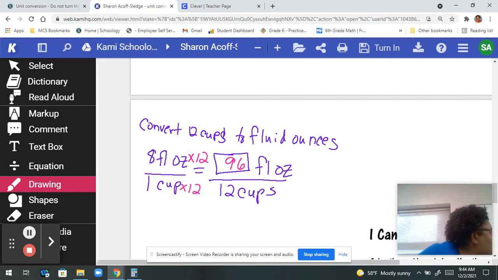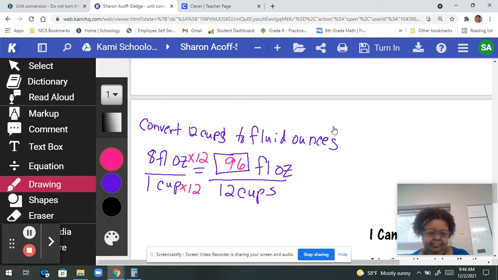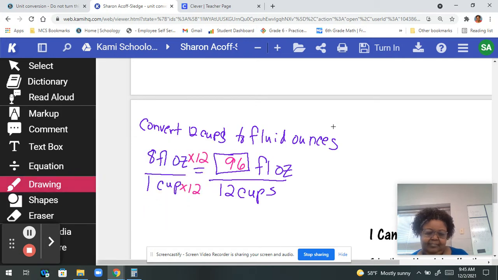Let's do one more. Let's see, I have it written down here somewhere. 6 cups. I'm sorry, 6 pints. So 6 pints. Draw a line there.